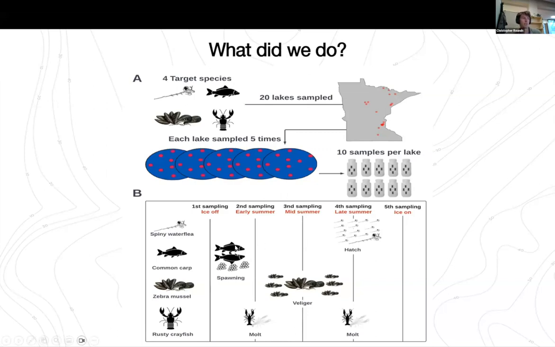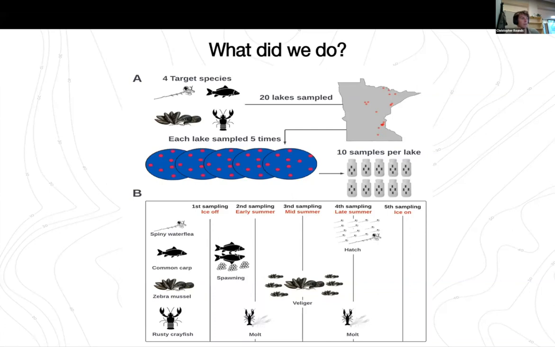Common carp spawn in the spring. So we would envision them to be much more detectable in between or around the first sampling event and the second sampling event. Zebra mussels release their veligers into the water column and are at a planktonic life stage in the midsummer.